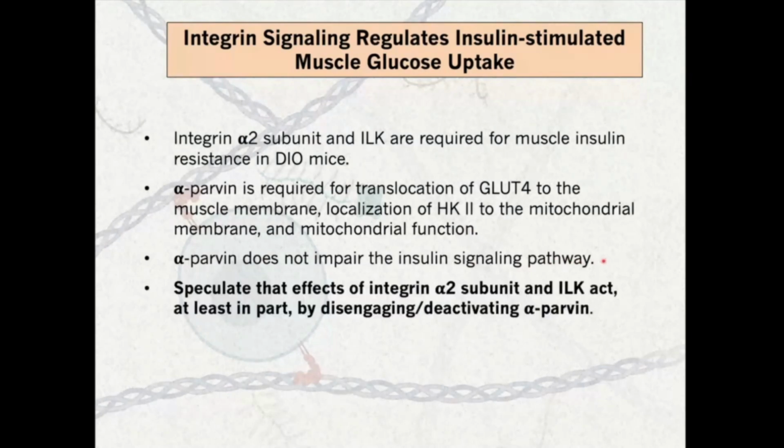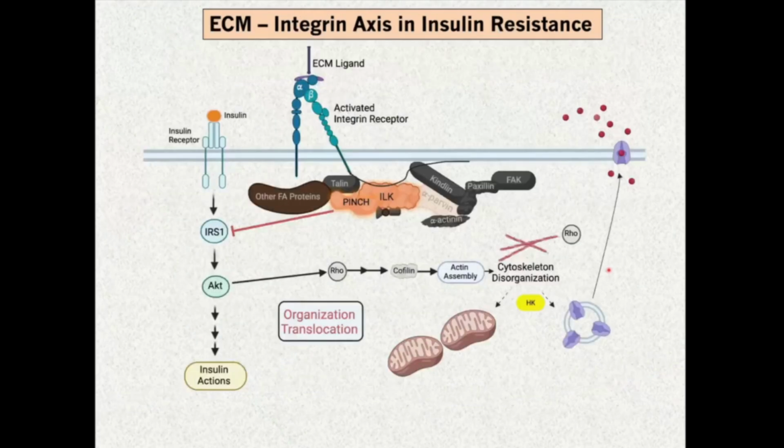So we speculate that the effects of integrin alpha 2 subunit and ILK act, at least in part, by disengaging or deactivating alpha parvin. So, in this scheme I've drawn sort of a ghost image of alpha parvin, and if you'll notice, I've decreased the cytoskeletal arrows on this slide.